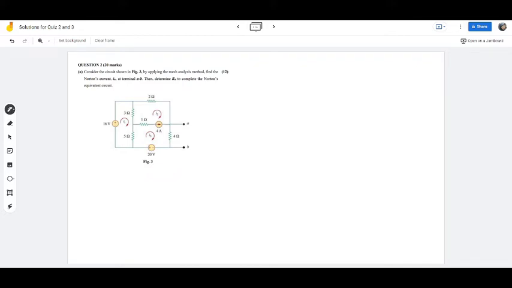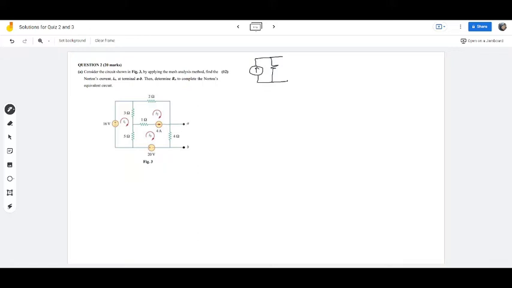All right. The question says by applying the mesh analysis method, you have to find the Norton current at the terminal AB, and then you have to find R Norton to complete the Norton's equivalent circuit. So quickly you know that what you need to achieve is I Norton and R Norton.